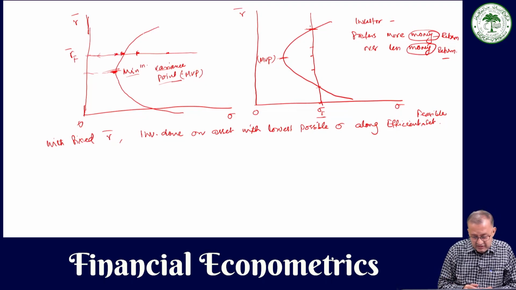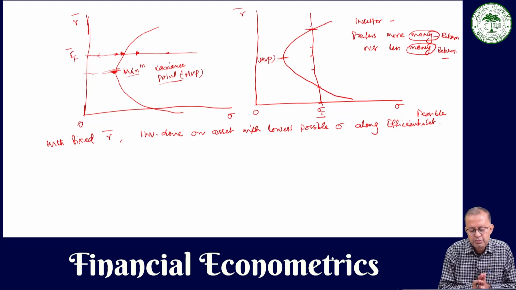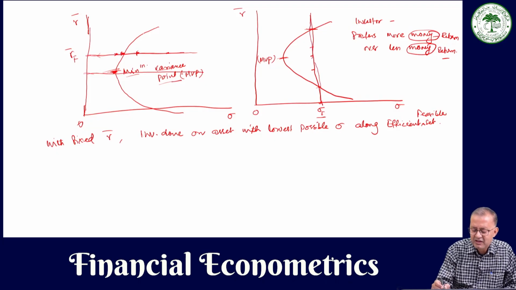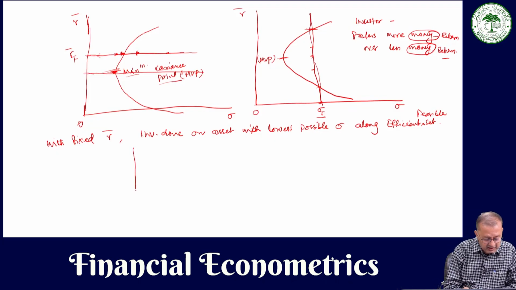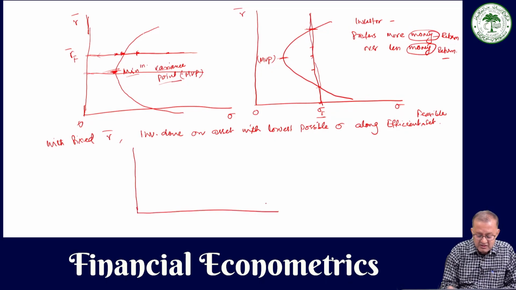So what you can say is, the efficient frontier will be a combination where we combine both results: the one from the horizontal line and the one drawn from the vertical line. And the efficient frontier will be this portion, the portion above the minimum variance point, above this.